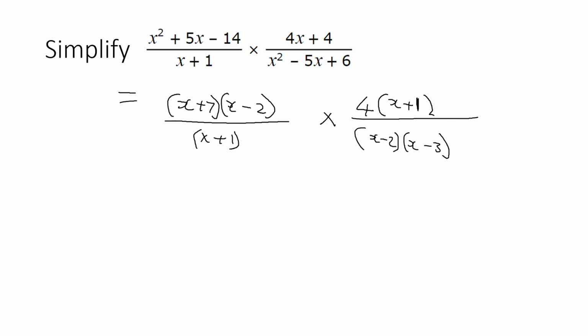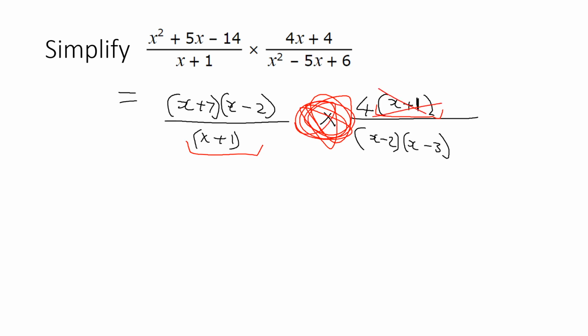Now, similar to if these were normal numbers, we're going to cross cancel out. So anything on the top, if it's the same as the bottom, then we can cancel out. So here we have an x plus 1, and here we have an x plus 1. But here's the important part. We are timesing, okay?